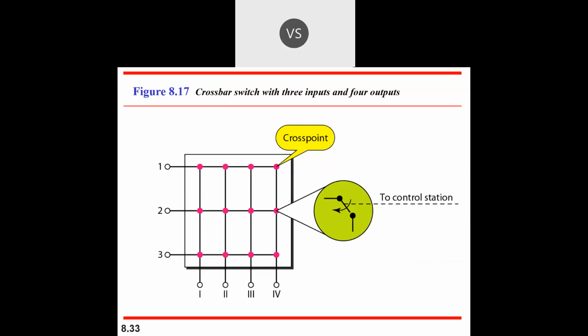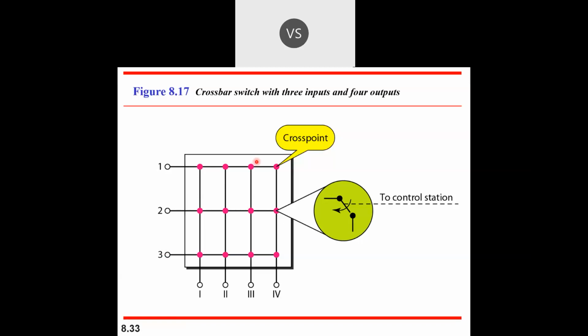Over here in a crossbar switch, a similar thing happens. Consider that there are some inputs connected, 1 2 3, and for output you have I, II, III, IV. There are 3 inputs and 4 outputs. Now if I want to make a connection between 1 and 3, what I need to do is connect the crossbar switch available in row number 1.